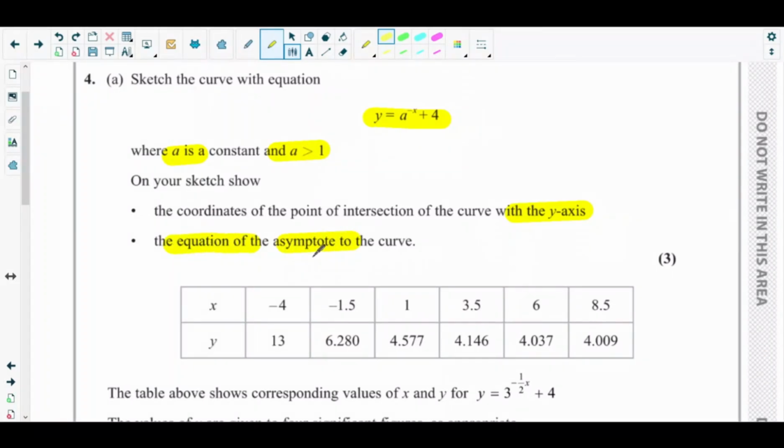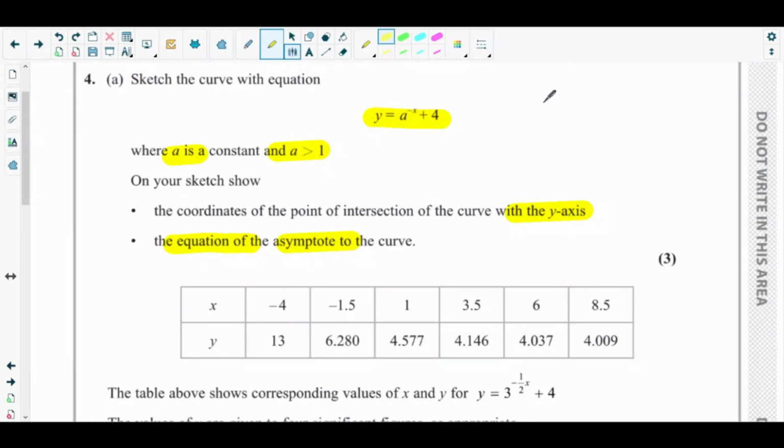So we need to sketch an exponential curve. All exponential curves have asymptotes. What asymptote? A horizontal asymptote, right?